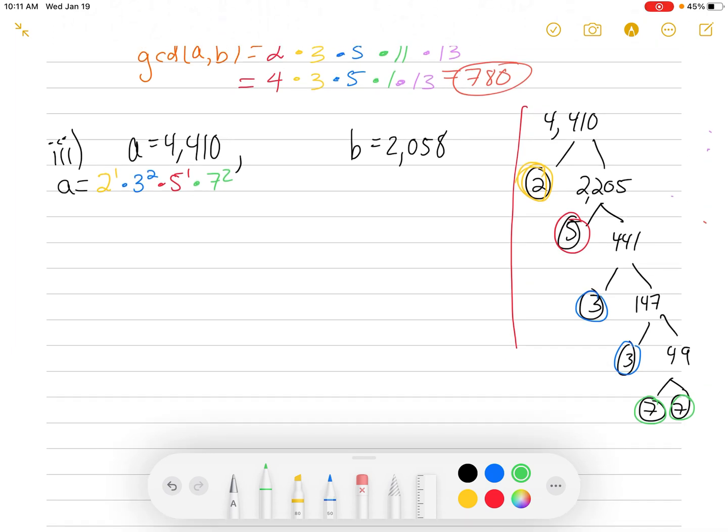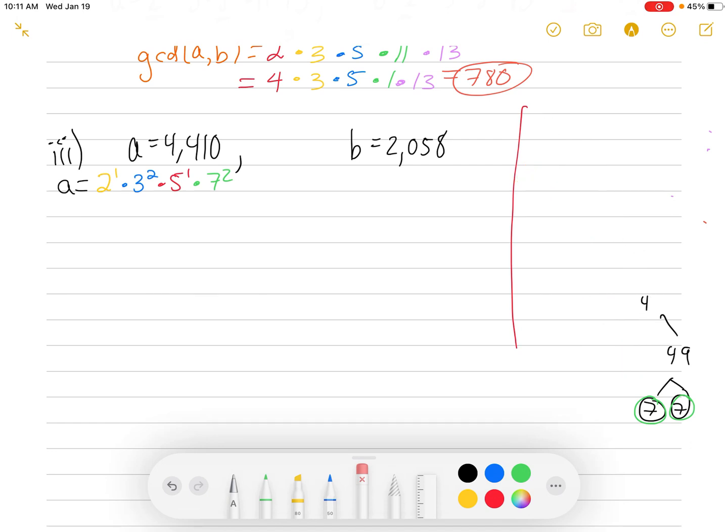All right, now let's do the B. Let's do the B, 2058. I'm going to have to erase here and do a little factor tree. 2,058. That's divisible by 2.